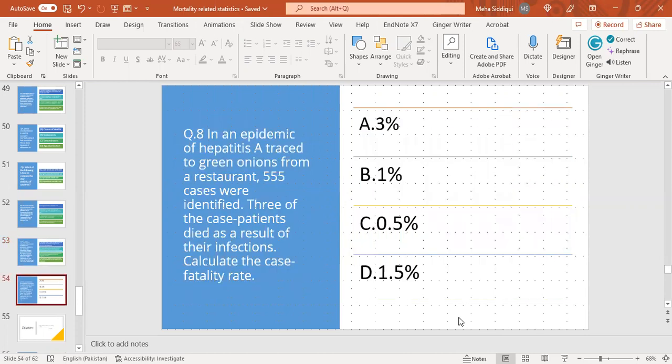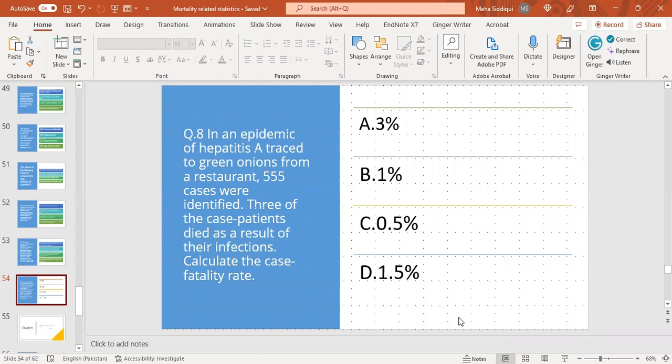MCQ number 8. In an epidemic of hepatitis A traced to green onions from a restaurant, 555 cases were identified. 3 of the case patients died as a result of the infections. Calculate the case fatality rate. 3%, 1%, 0.5%, 1.5%.